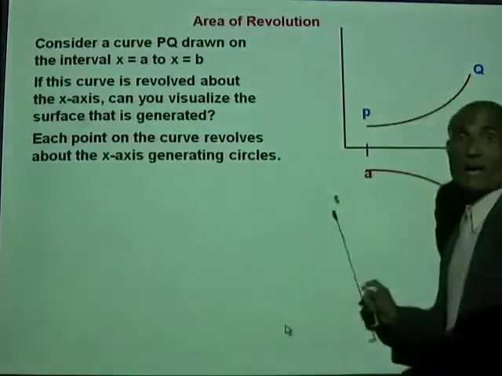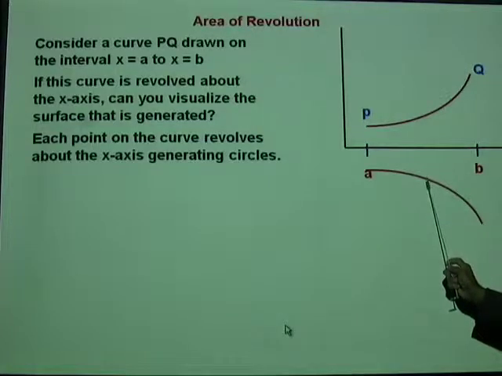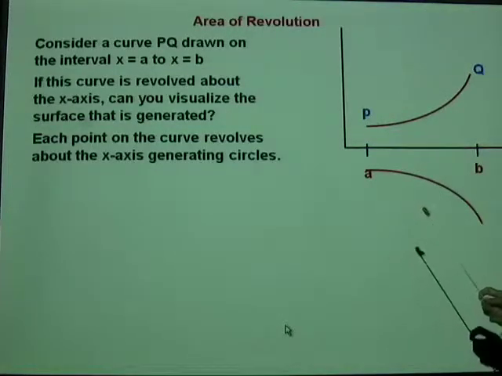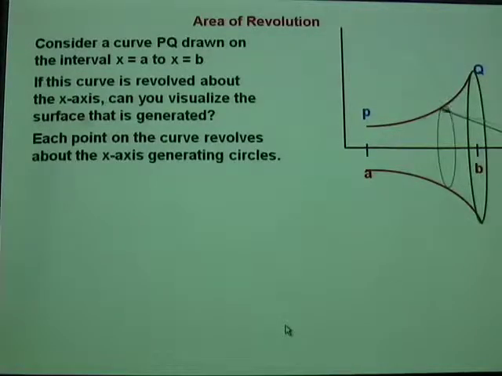Alright, now that means if you reflect PQ on the x-axis, you will get this. Is that right? I hope you can see that. Now, if you take the point Q and revolve it about the x-axis, this is the circle you generate. Another point revolved about the x-axis, you generate that circle.